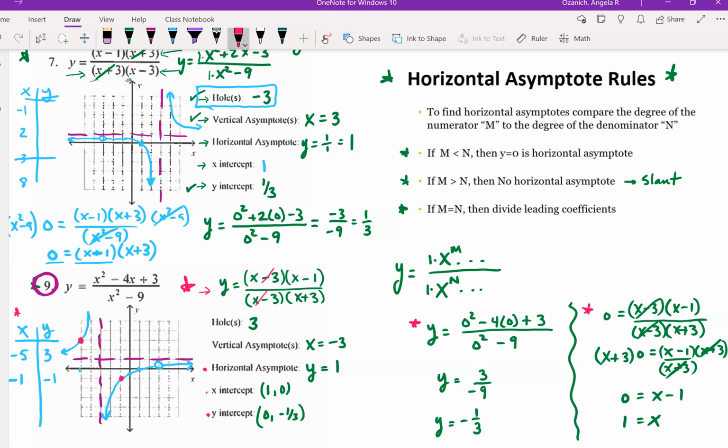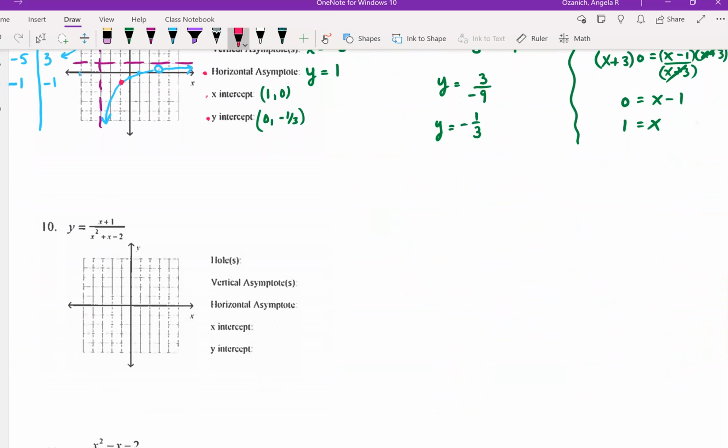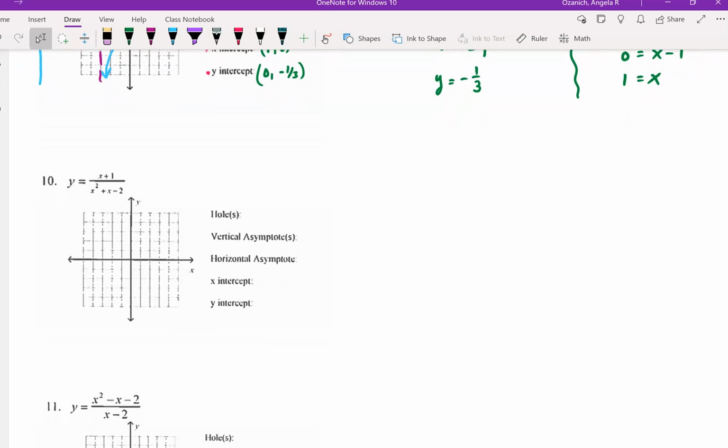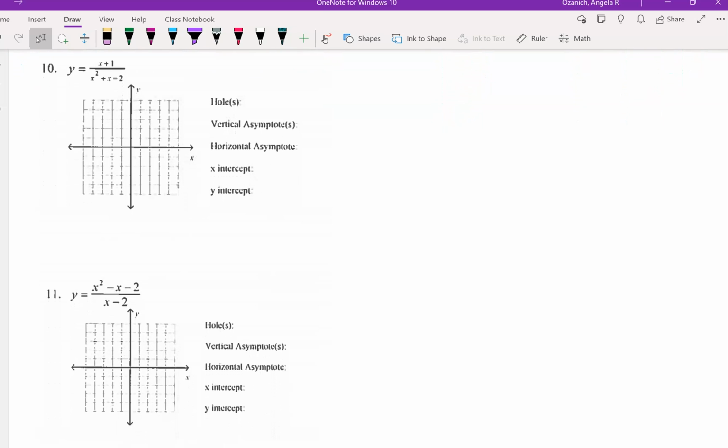I do want to make sure that this video doesn't get too long. And one of the things I want you to see before we go on to our next piece of work is just a couple of things here. One of the things I'd like you to see is an example of a horizontal asymptote that is y equals 0.